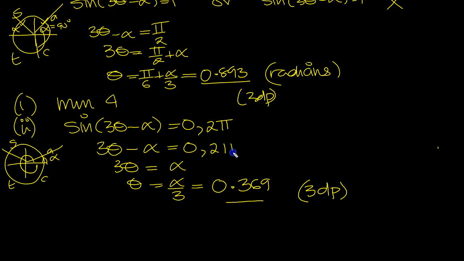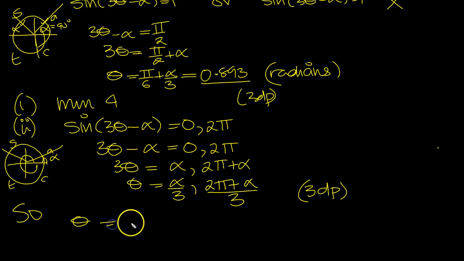So 3 theta is alpha or 2 pi plus alpha. So the answer would be one of these, 2 pi plus alpha over 3. Because alpha is small, this is actually going to be in the range. It's equal to 2 pi plus tan to the minus 1 of 2, over 3.